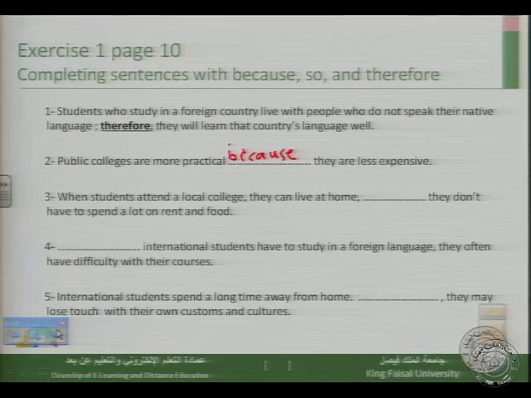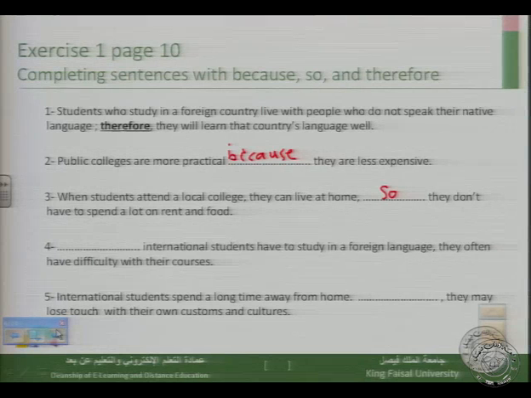I think it's a relation of effect and result. The result of attending a local college and living at home is that students don't have to spend a lot on rent and food. Here we have a comma after the first part. I think that we should use so. So here is the possible connector. Our sentence becomes: when students attend a local college, they can live at home, so they don't have to spend a lot on rent and food.